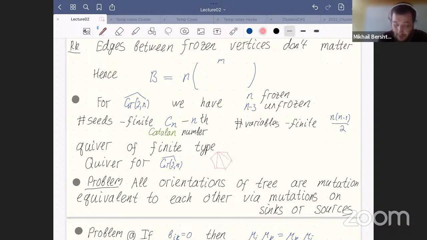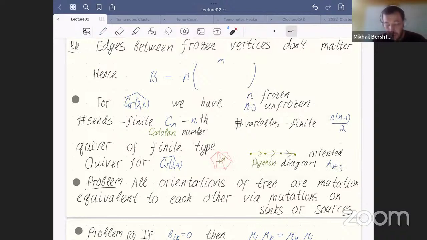The quiver can be arbitrary, but if we choose a triangulation like this, then for the unfrozen vertices we get just the linear quiver, which is the oriented Dynkin diagram for A_{n-3}.